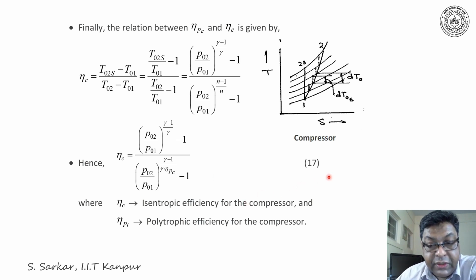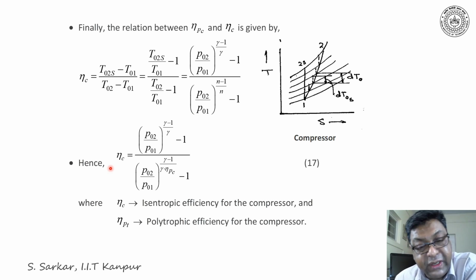Thus, equation 17 is an important relation which gives the overall efficiency of a compressor in terms of pressure ratio and eta Pc.